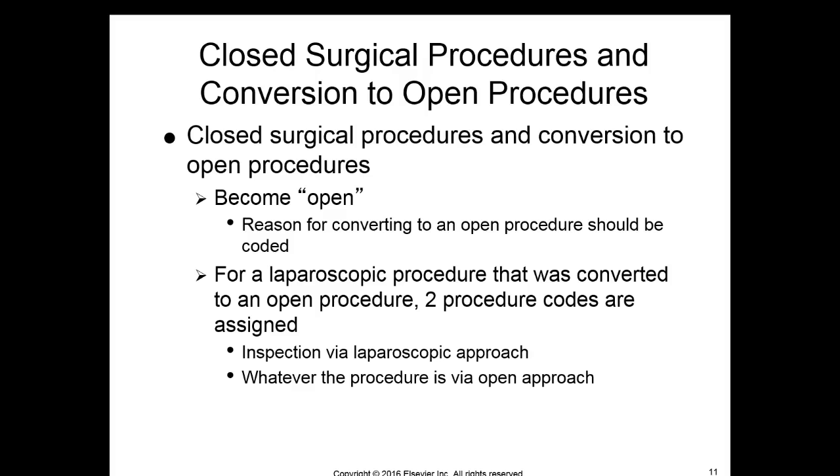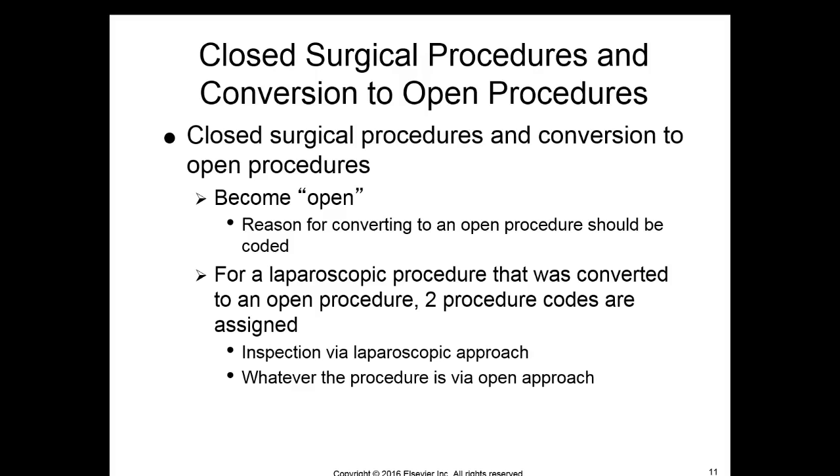That procedure is coded as root operation inspection. And then the definitive procedure will be coded with a root operation that reflects the extent of the procedure that was done. It may be a resection, meaning they took out the entire organ, or it could be excision, meaning they took out a part of the organ. We'll learn those root operations in a few lectures.